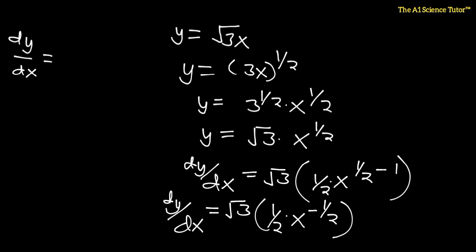Now this is going to be root 3 multiplied by 1 over 2. That gives us root 3 over 2. Now this is multiplied by x raised to the power of a negative half. So this could be rewritten as 1 divided by x raised to the power of half.